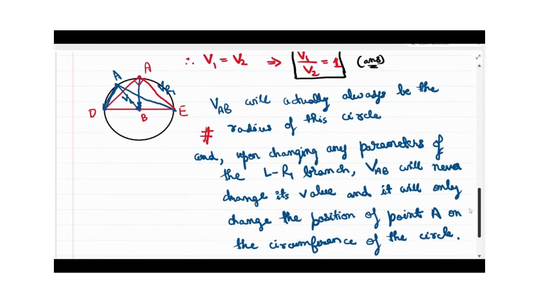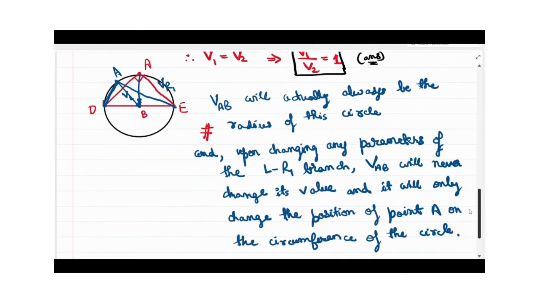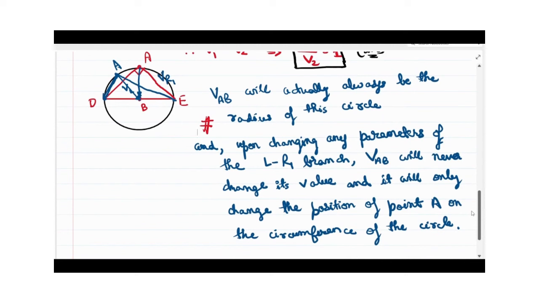Why we are saying that this will always remain constant is because of the explanation we gave at the last: after changing the parameter of the LR1 branch, which is like doubling the value of R1, the only thing that is occurring is the shifting of the point A on the entire circumference of the circle. So basically the locus of point A upon changing the parameters of the LR1 branch is the given circle.